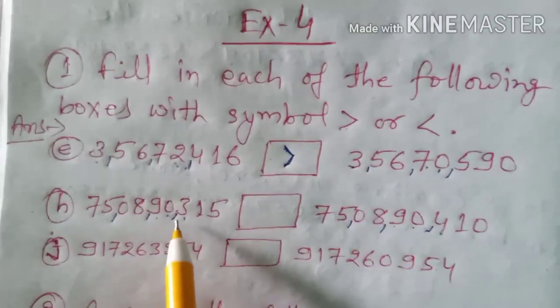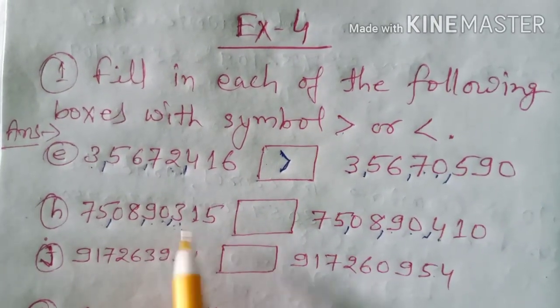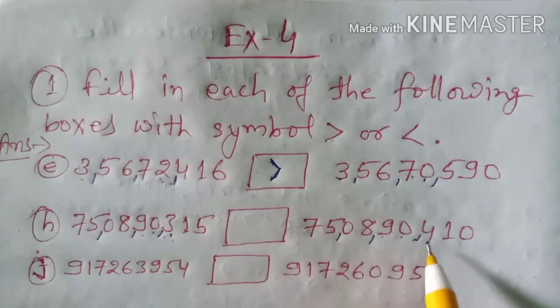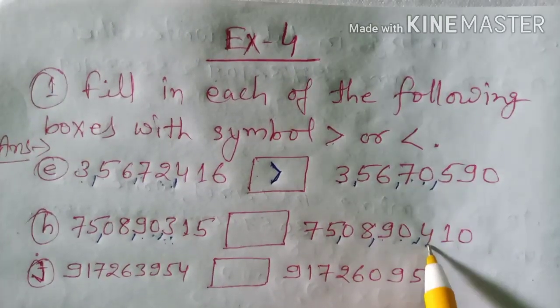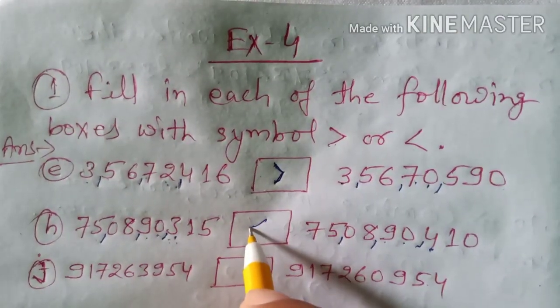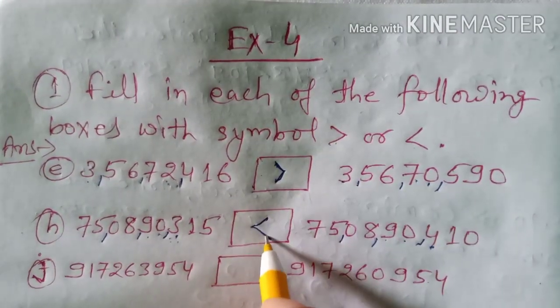It means this number is less than this, because it has 3 in the 100 place and the other has 4. So we will put the less than symbol. So we are putting less than here.